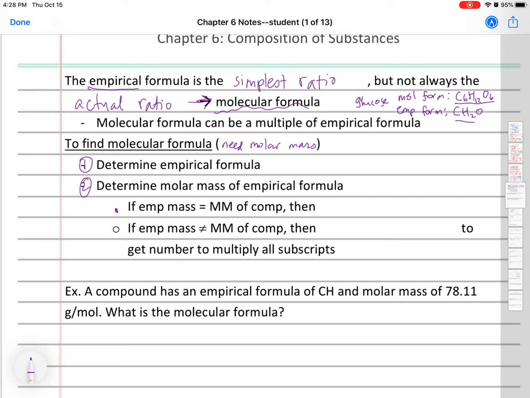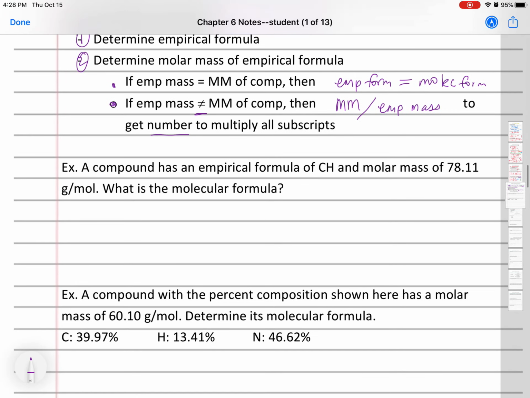If the empirical mass equals the molar mass, then the empirical formula is the molecular formula. But if the empirical mass does not equal the molar mass of the compound, then we need to do a little division. We need to divide the molar mass by the empirical mass. And that will give us a number that we can use to multiply all of our subscripts by. Let's do a practice problem.